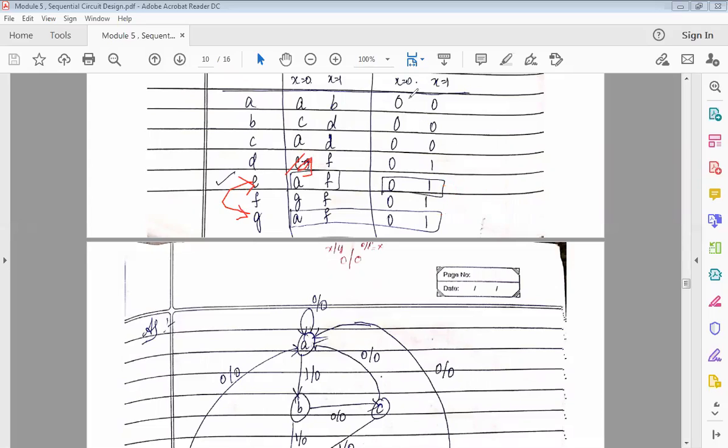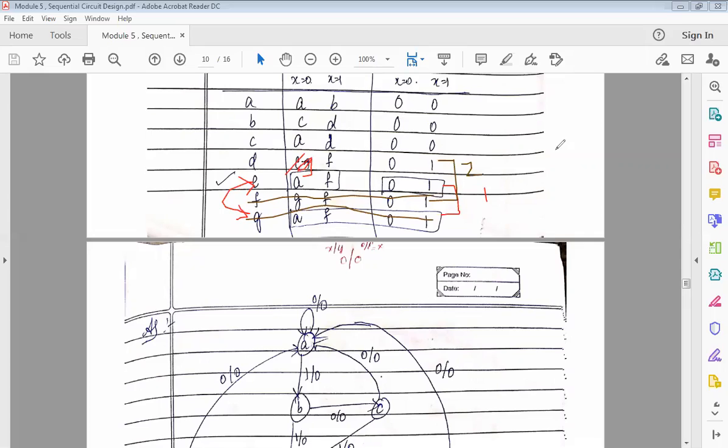In the next step, I'm going to check: I have GF and GF here, right? So these two states are also the same. This state is already eliminated first, and now I'll be eliminating this one also in the second step.